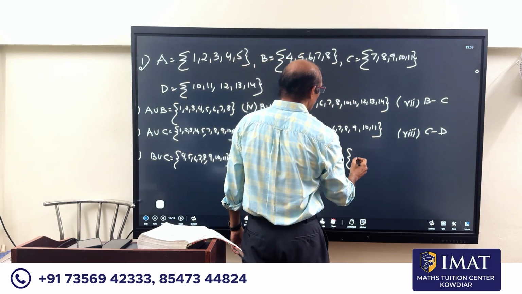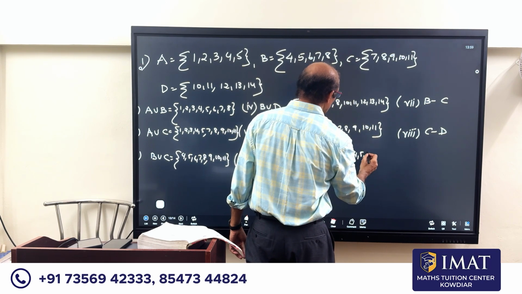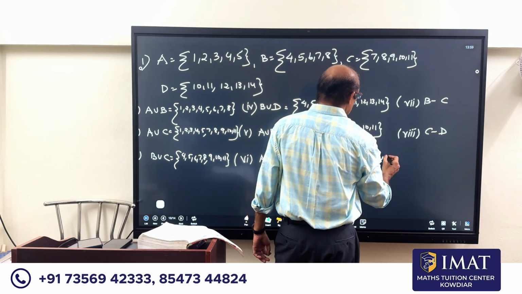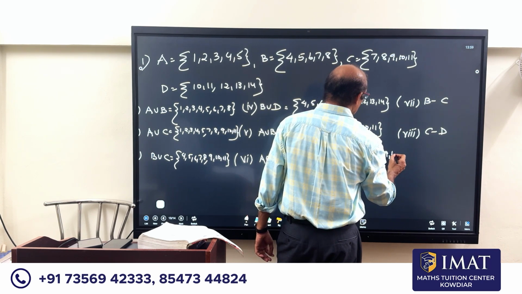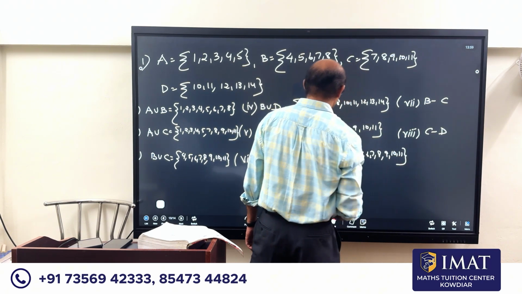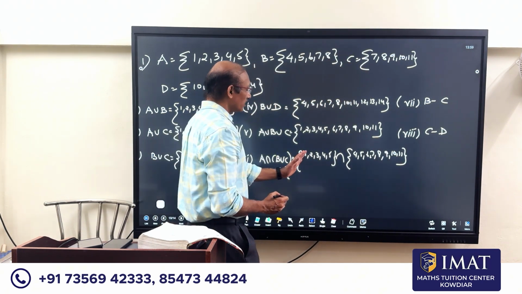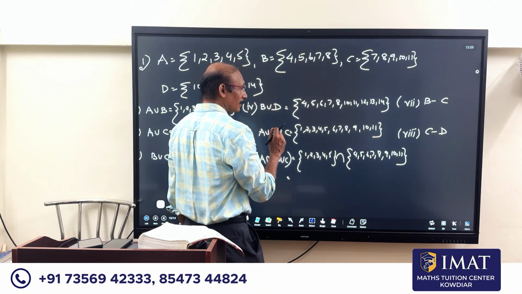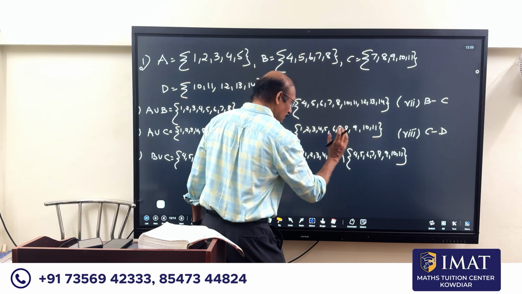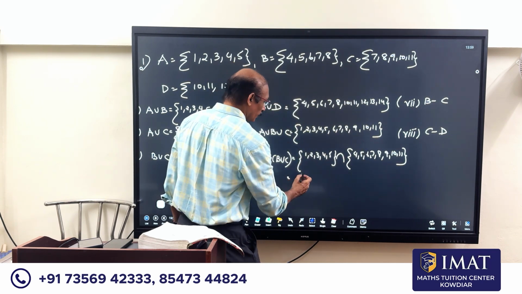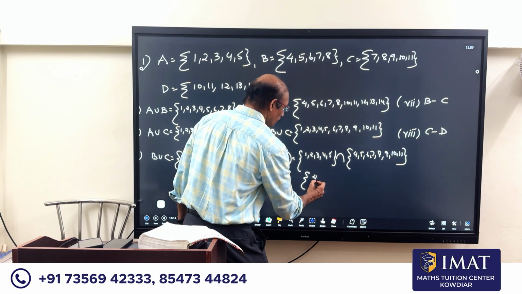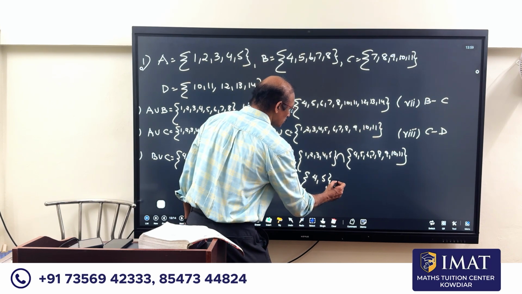B union C will be 4, 5, 6, 7, 8. Then here 7, 8 has already been taken. 9, 10, 11. And now you need the intersection of the two sets. What do you mean by saying intersection of two sets? The elements that are in the first set and the second set both. The elements that are common to both. So the answer is 4 and 5. This is intersection.